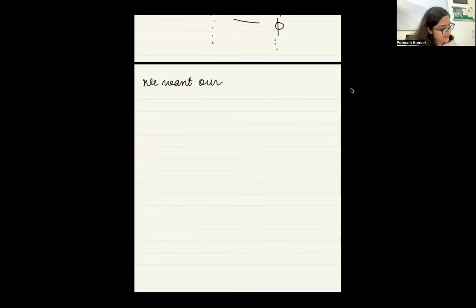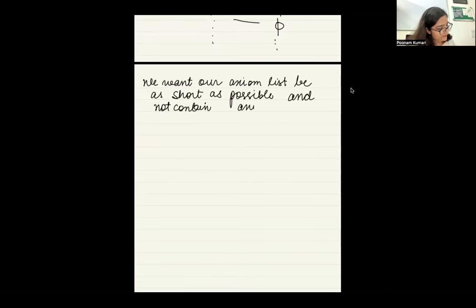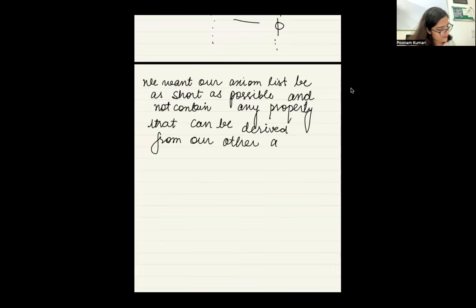We want our axiom list to be as short as possible and not contain any property that can be derived from our other axioms on the list.